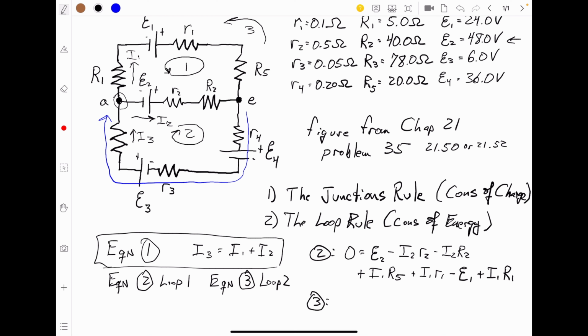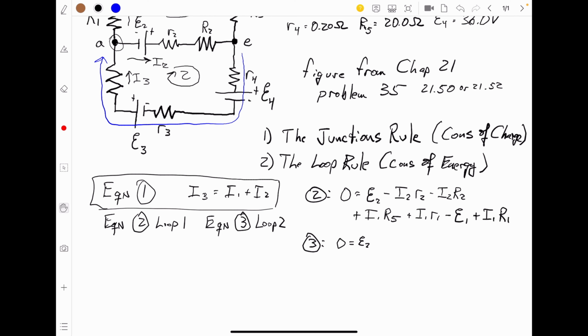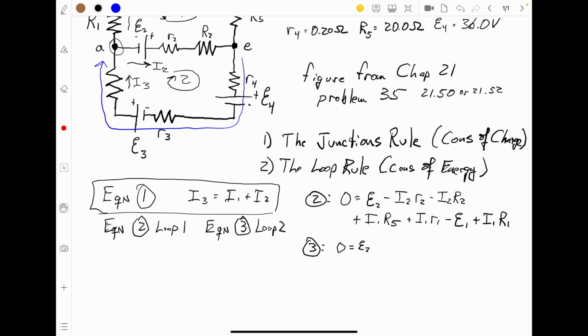So I've written out here this equation 3, loop 2, I've got 0 equals, and then again, we're starting with epsilon 2. Let's move up a little bit. Okay, so we're starting at epsilon 2. We're going to go all the way around and get back to epsilon 2. So epsilon 2. Now, I'm going to subtract off the I2, little R2, not R2, D2.